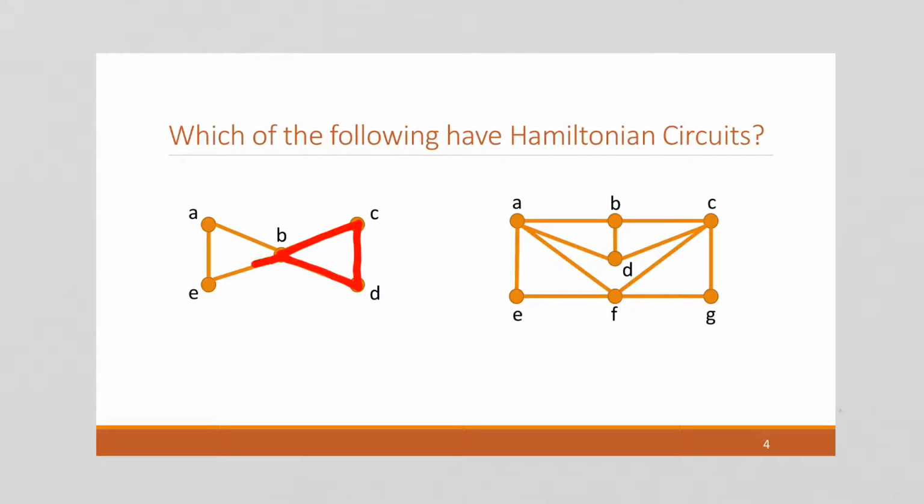Nope, I've still got to go back to B. If I start over here, it's going to turn out that there is not a Hamiltonian graph here, and we're going to get to why. But the intuition is that we're going to have to visit that vertex twice.